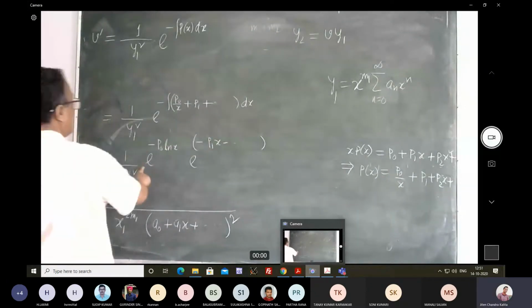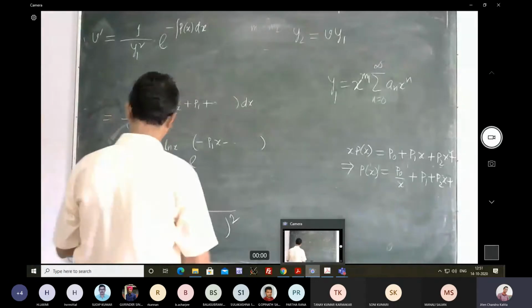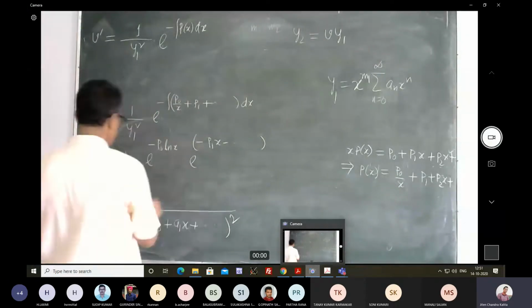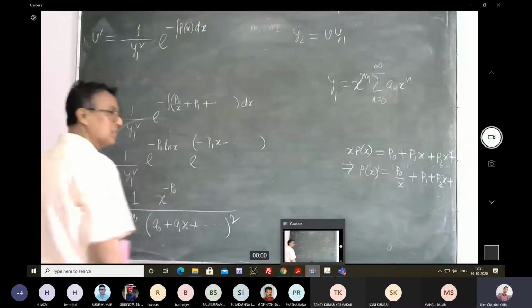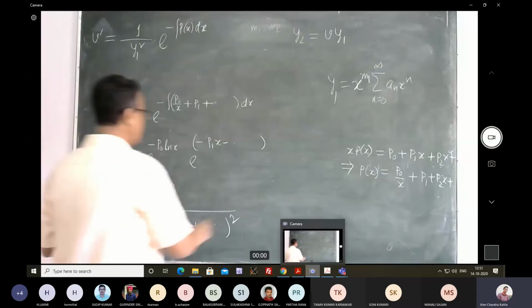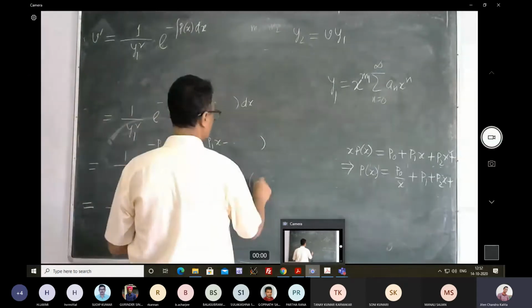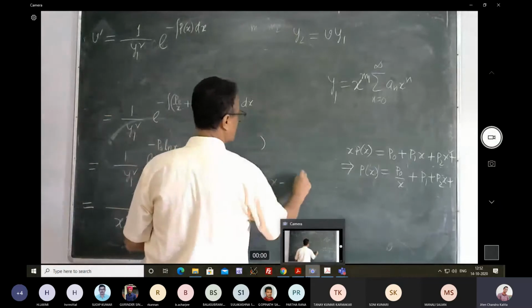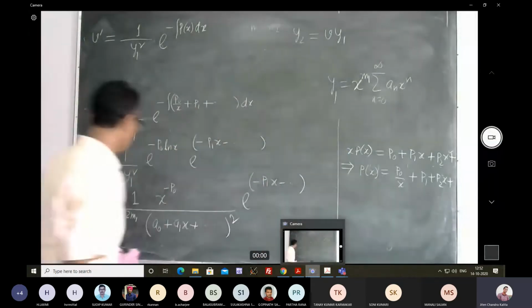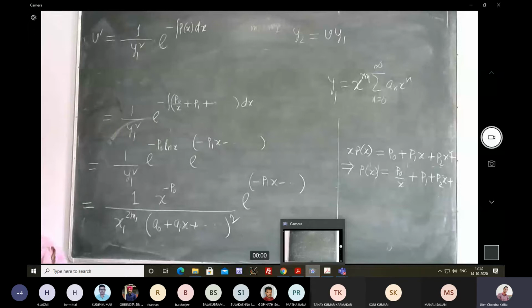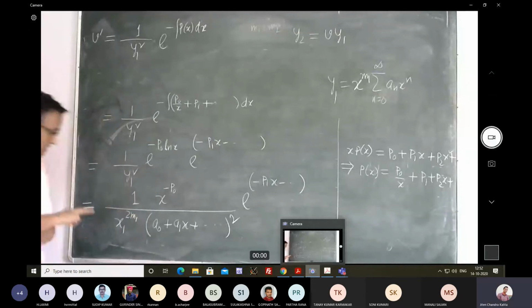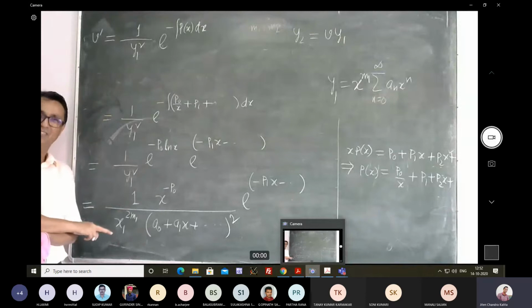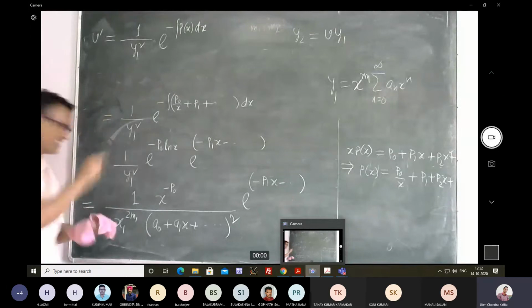Then from this term, it is going to be x to the power minus p naught. And then let the remaining stuff be here. I am not even bothered about that. So far so good, right? Up to this, is it okay? This is simple calculation.